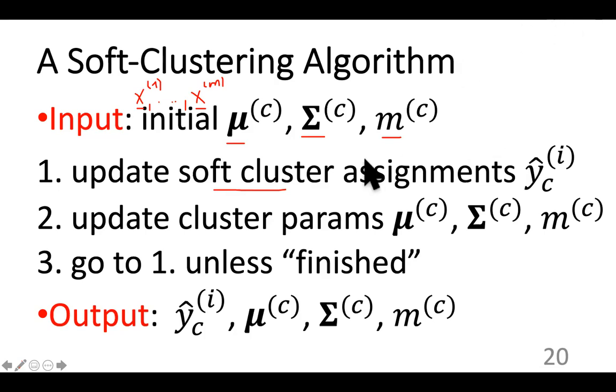Yes, there's one comment or question. Is it possible to start the other way around, to initialize the degrees of belonging and then do the first update on the cluster parameters? Yes, that's possible. It's a matter of taste, I would say, how to start.